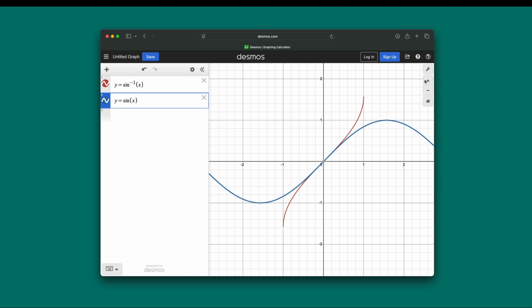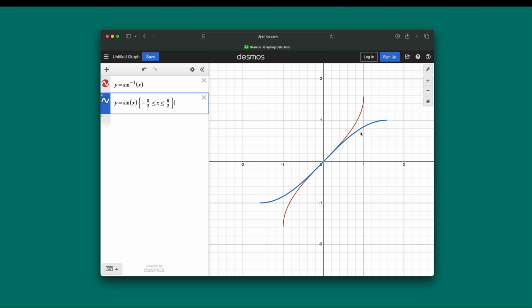Well, that's sine of x, and you can see that, of course, sine is not a one-to-one function and continues on forever. But when you restrict it from negative pi over 2 to pi over 2, you get the corresponding inverse function. And so we could restrict the domain here from negative pi over 2 to pi over 2.